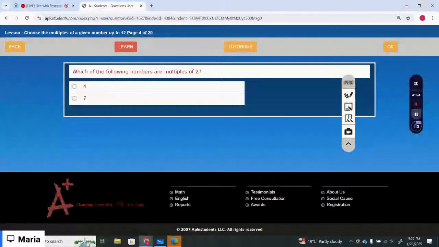The multiple of 2 is 4. The correct option is 4. Option number 1 is the correct option.